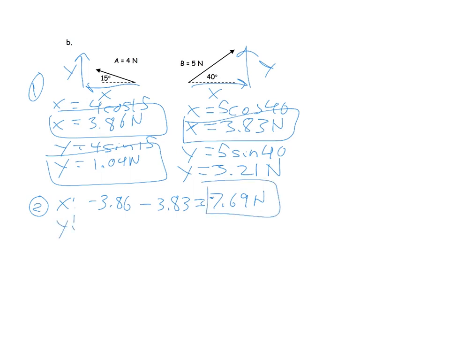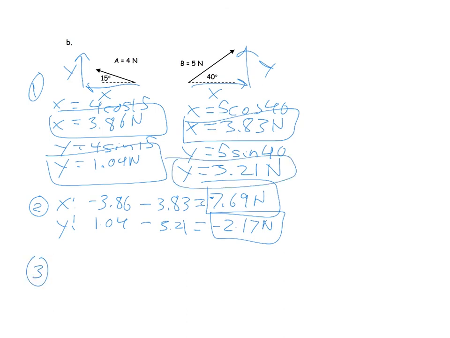And then in the y, I have 1.04 minus 3.21, and so I get that in the y we have negative 2.17 newtons. Okay, so now I'm going to go ahead and put these together. So I have my x component, the 7.69 newtons, going to the left. The y component, the 2.17 newtons, going down. So my resultant looks something like that.